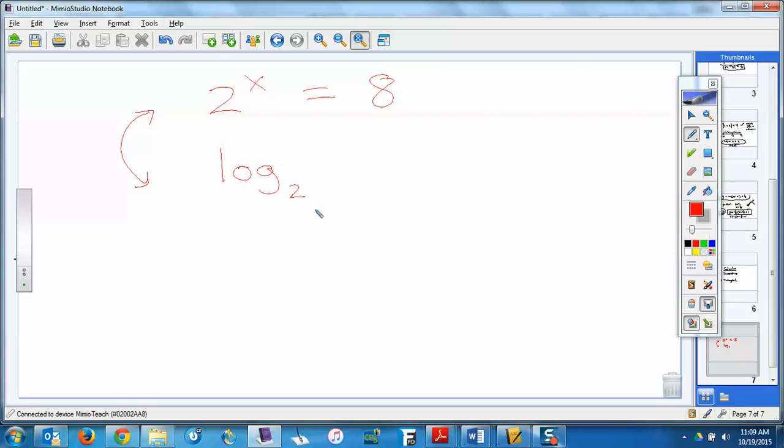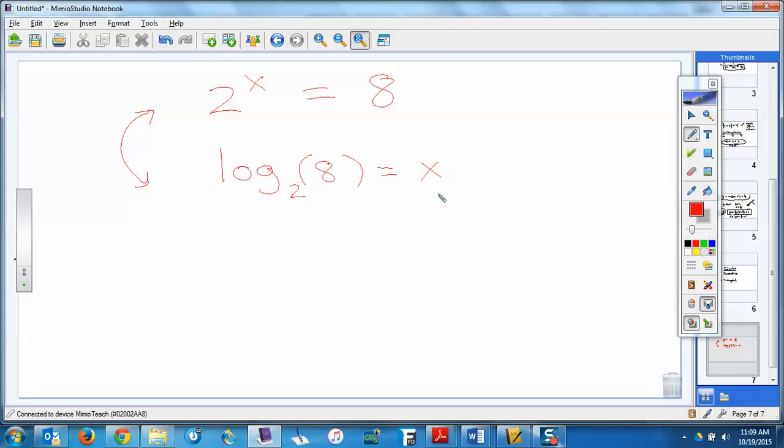So it's the base in both places. And then what goes here? The 8. And then over here is the x, which of course we know is going to be a 3. But we're going to get into problems where we can't just do it in our head. We don't know what it is. And so we want to be able to flip back and forth between these two.